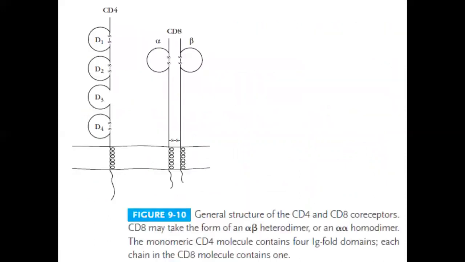And then this is the general structure of CD4 and CD8. So this is the structure of CD4. Only one polypeptide is present. So these are the co-receptors, domains D1, D2, D3, D4. And CD8 consists of alpha and beta, single domain, like the immunoglobulin fold.